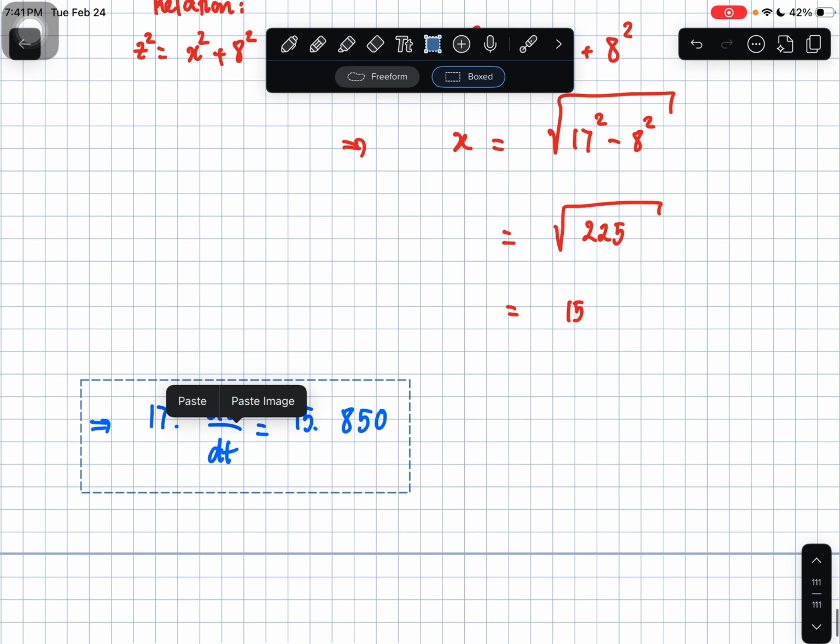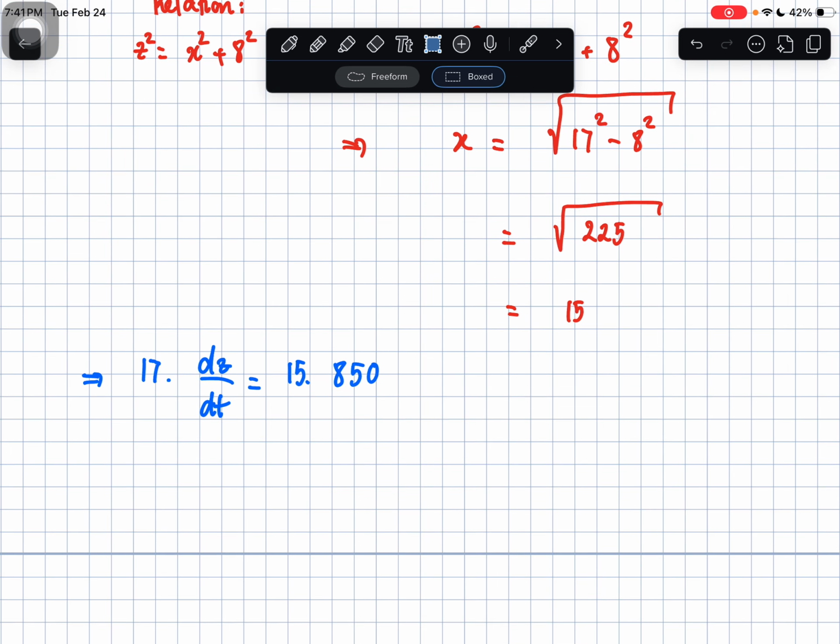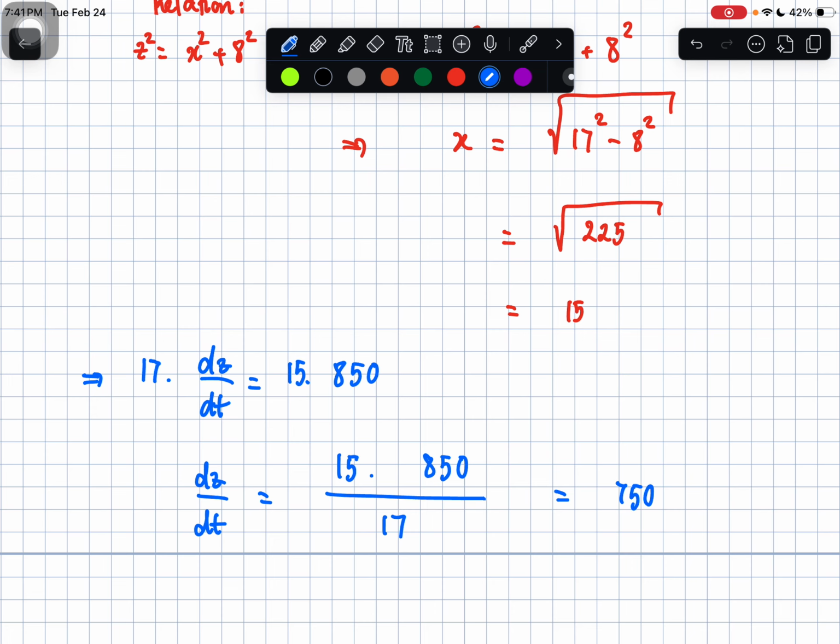And with that we get dz over dt equals 15 times 850 over 17, which equals 750 miles per hour. This is the final answer.